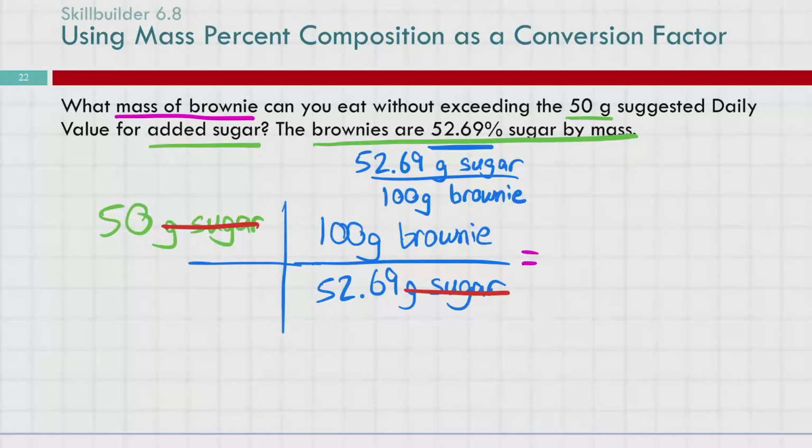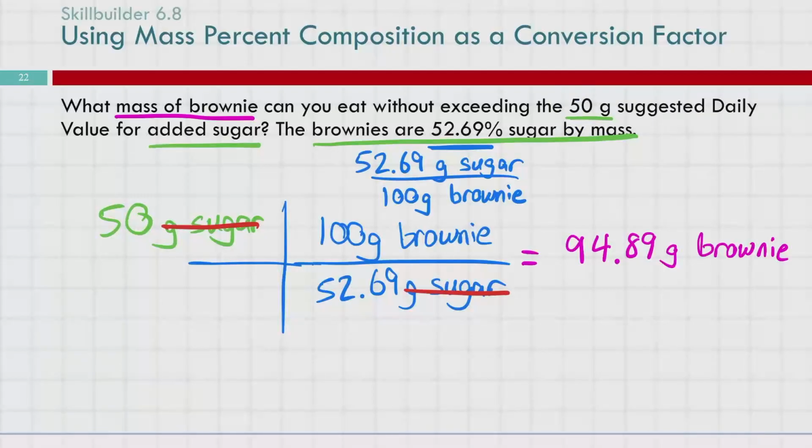So 50 times 100 divided by 52.69 gives the amount of brownie that we can eat. Look at that, it's right about double. 94.89 grams of brownie. And the sig figs are going to depend on how many we think that the daily value has.